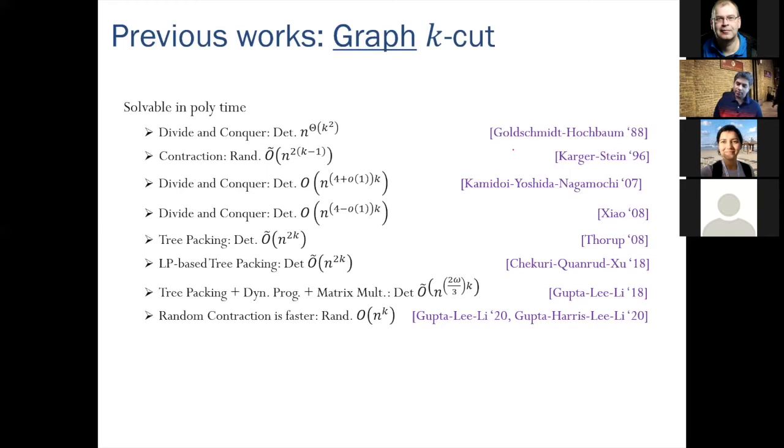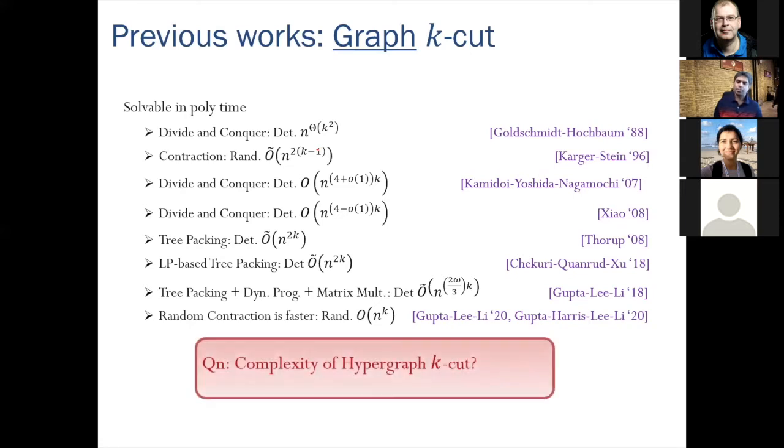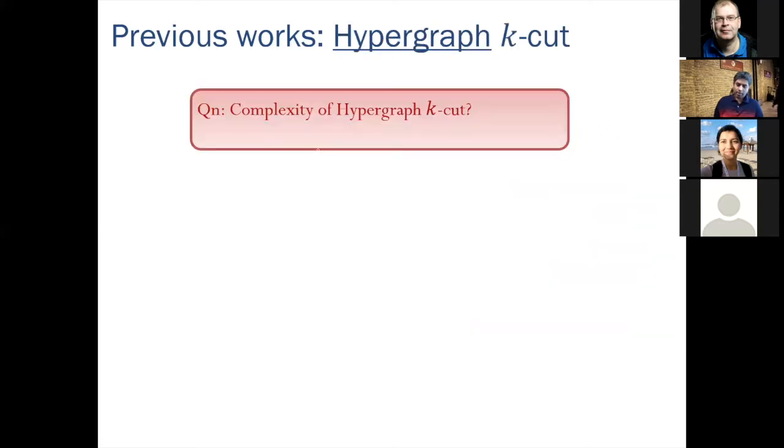And ever since the first result of Goldschmidt and Hochbaum showing that graph k cut is solvable in polynomial time, the complexity of hypergraph k cut has been open. And we're not the first ones to talk about this. There has been some partial progress in the literature towards hypergraph k cut.